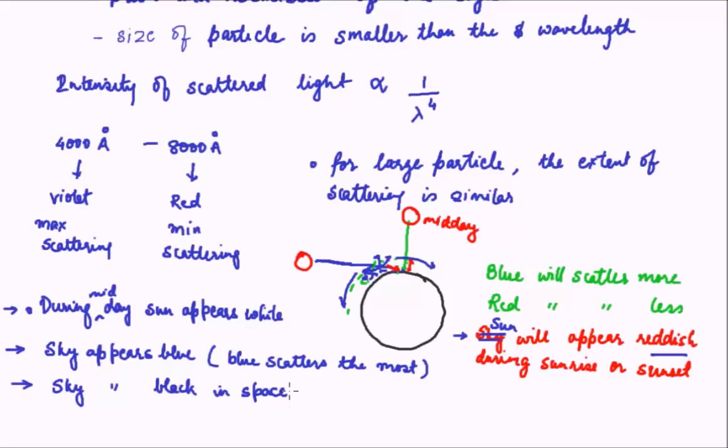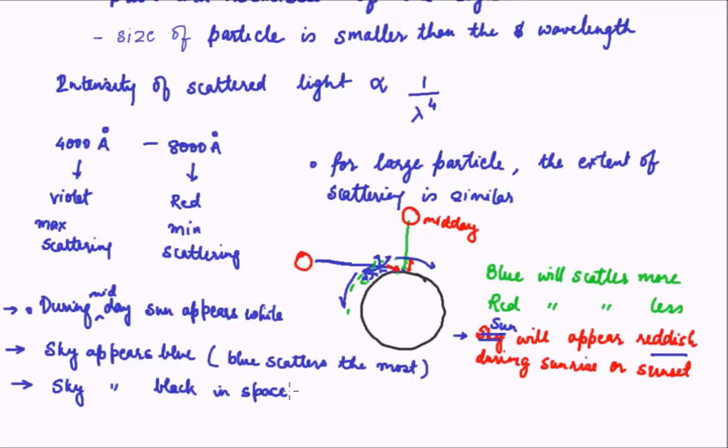But the bottom line is the sky appears bluish because of the scattering, and blue being the most prominent color scattered, it appears that from the other parts of the sky blue light is coming, which is not possible in the case of the moon. Since there is absence of atmosphere, if this were the moon, there is no scattering, the sunlight is directly coming into your eye, hence the rest of the sky appears pitch black.